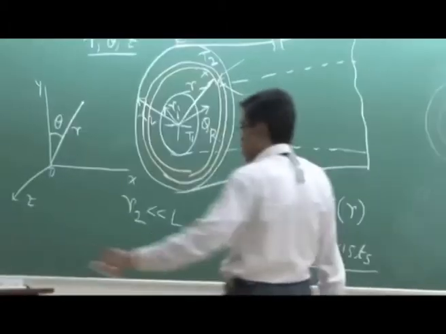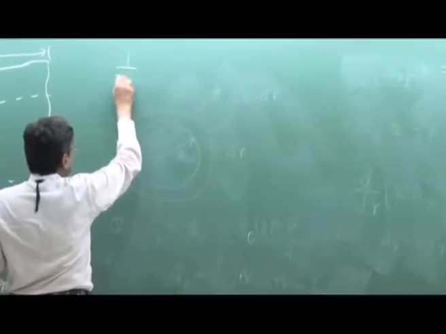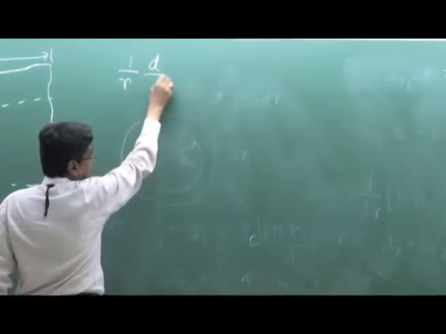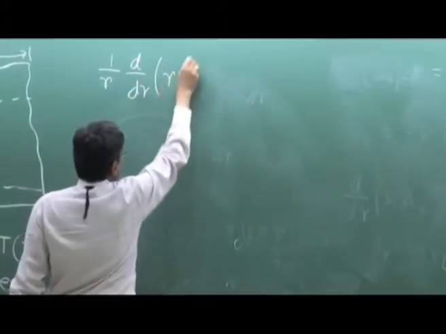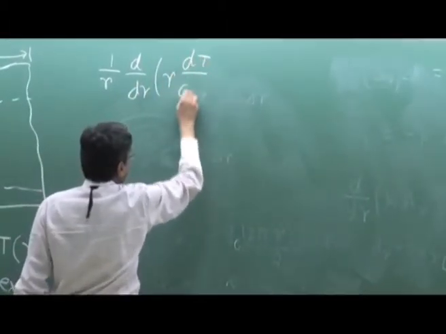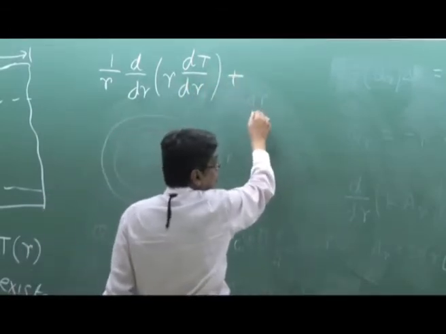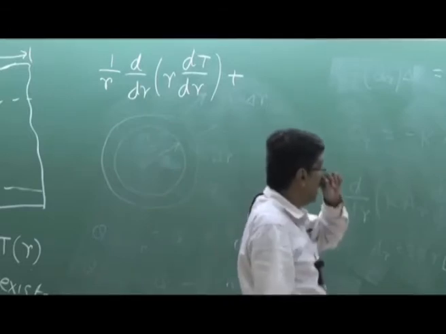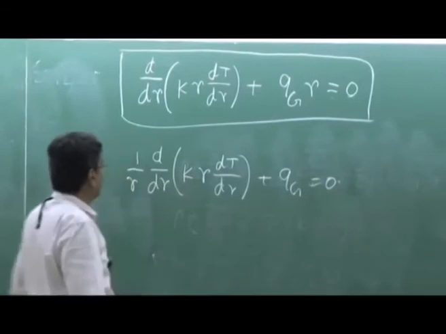Now, when k is constant, this expression becomes 1 by r d/dr of r dT/dr plus q_g by k.